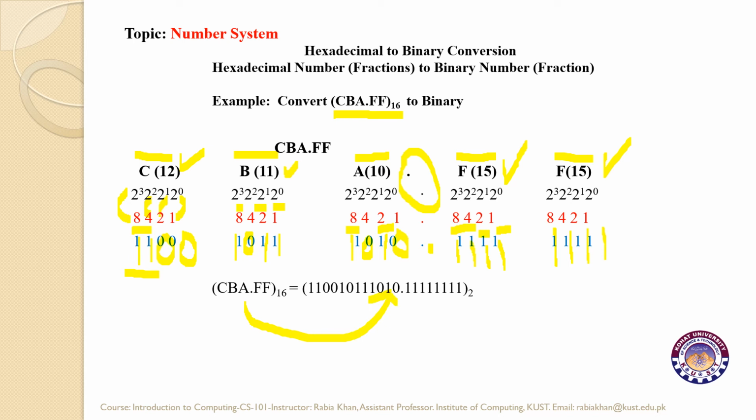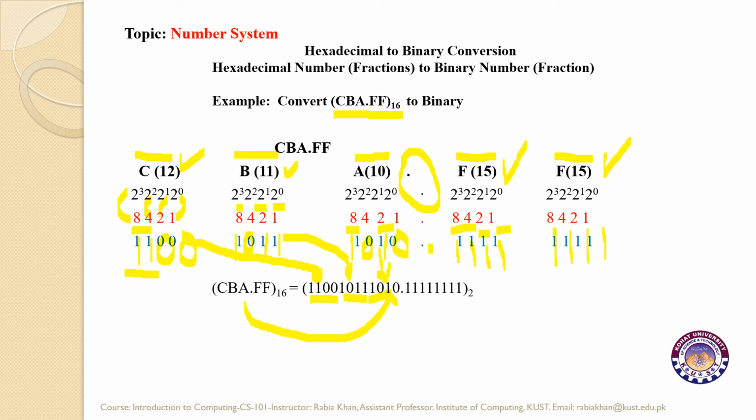C is 12. It has been replaced with 1100. Here you can see 1100. Next is B, which is 11. It is equal to 1011. So here you can see 1011. And then the third digit was A, which is 10, which is equal to 1010.